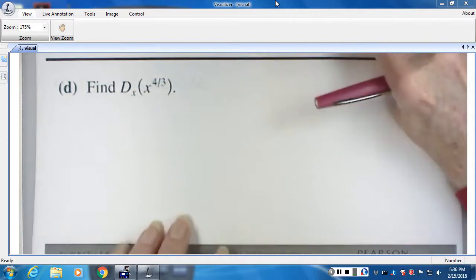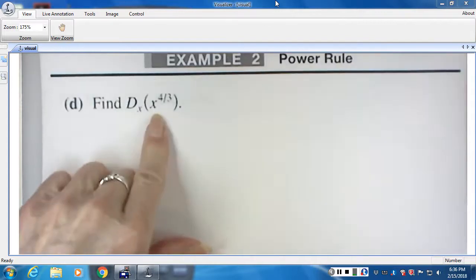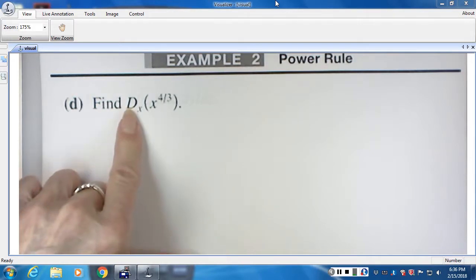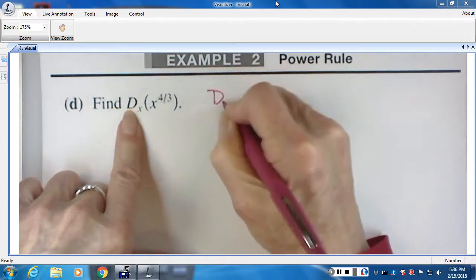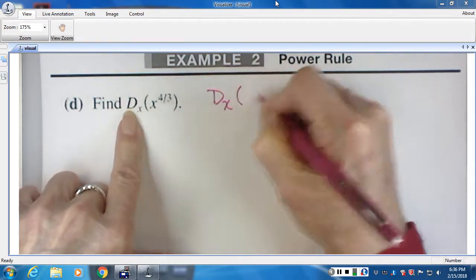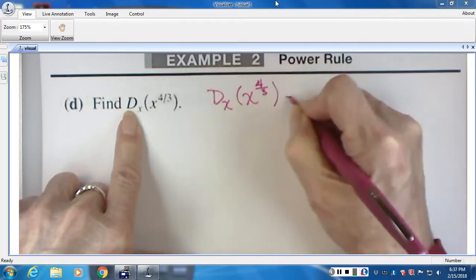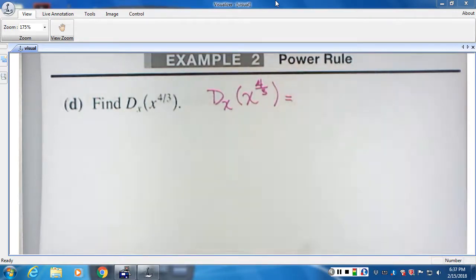Okay. The function here is x to the 4/3 power. This simply says take the derivative with respect to x. So the derivative with respect to x of the function x to the 4/3 power says that I bring the power down in front.